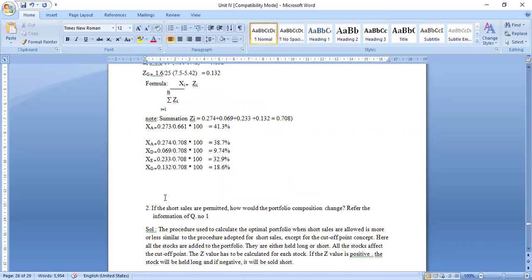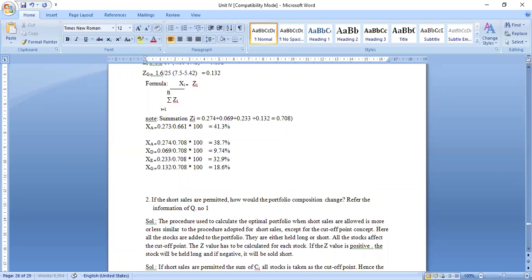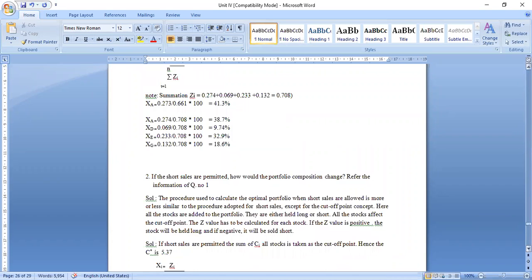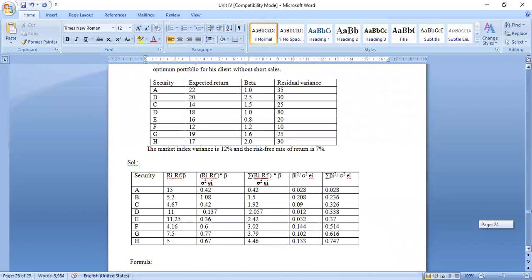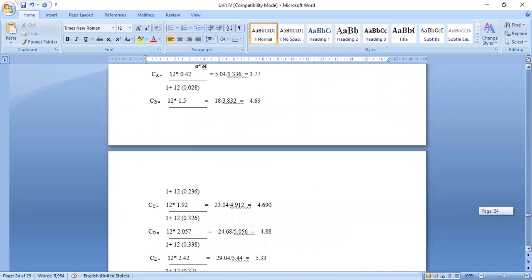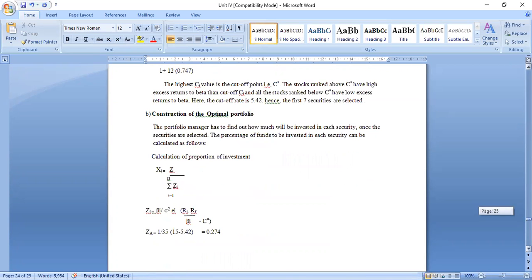So that is going to be the conclusion. Okay. So if it is clear, we will move on to the next problem where we are going to consider the same table, but only there are certain things that we have to keep in mind when we are going to calculate optimal portfolio when there is short sales. This particular problem we have solved wherein we have to build an optimal portfolio without short sales. Now in short sales, formula will remain same, but the procedures will slightly change.